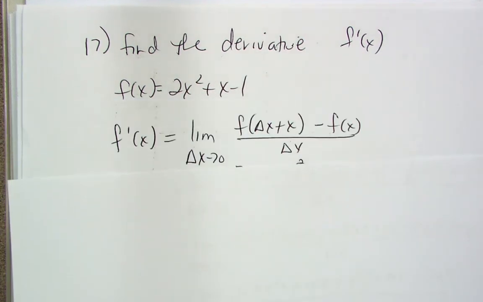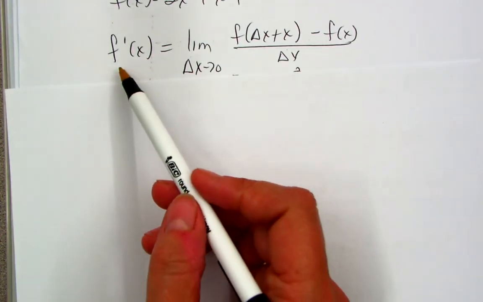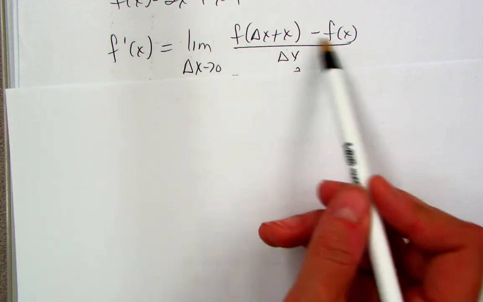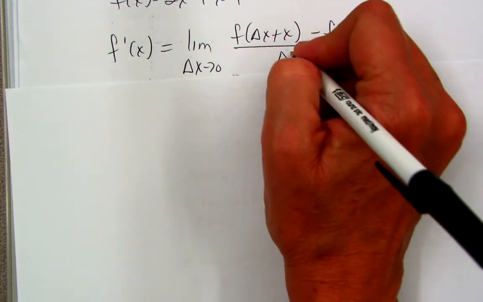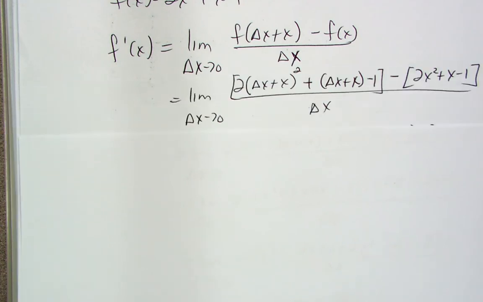Okay, let's do that. So first I'm going to write this again so I remember it. The first derivative equals the limit. Here's this equation again. Sorry, that's delta x. So substitute.